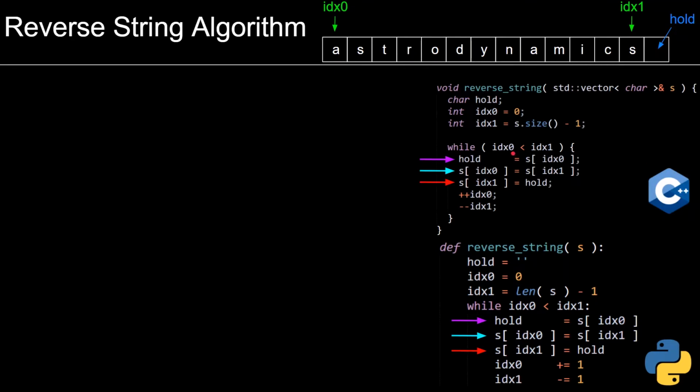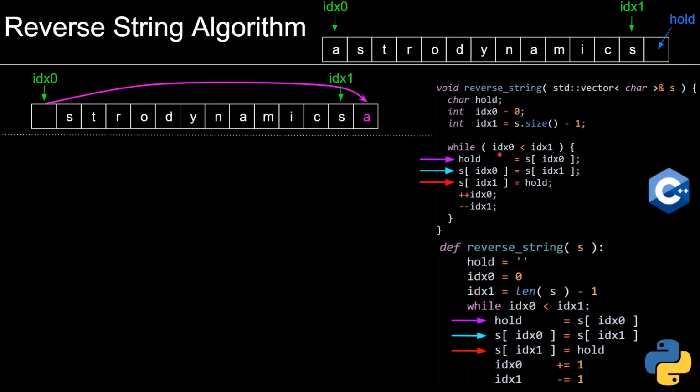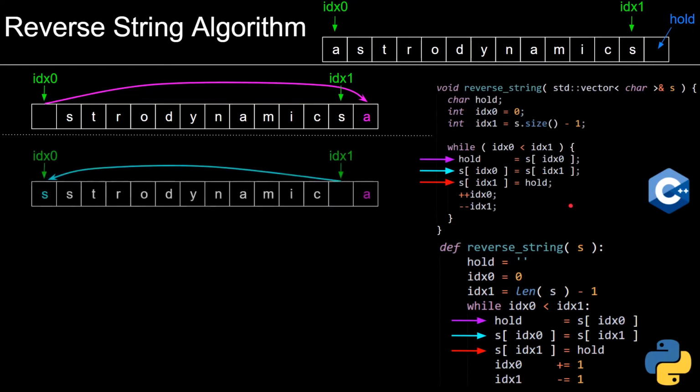And now we start with a while loop where initially 0 is less than 13, which evaluates to true. And the first thing that we do is take the character that is currently sitting at the IDX0 place and move that into hold. This will actually just copy that value into hold, but for intuition, we can think of it as moving it over there. And now that we have that value stored somewhere else, which is in hold, we move the value that is sitting at IDX1 and place it into the IDX0 place.